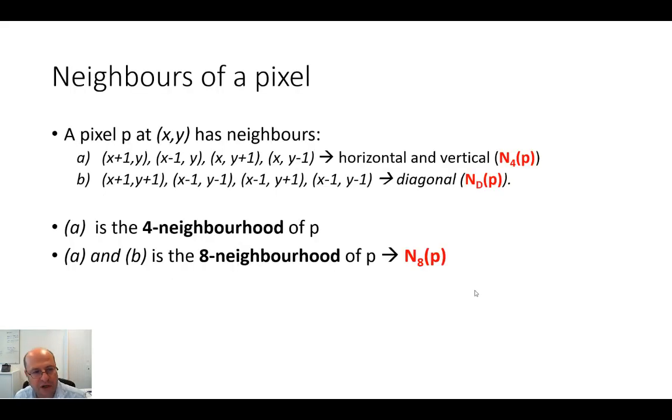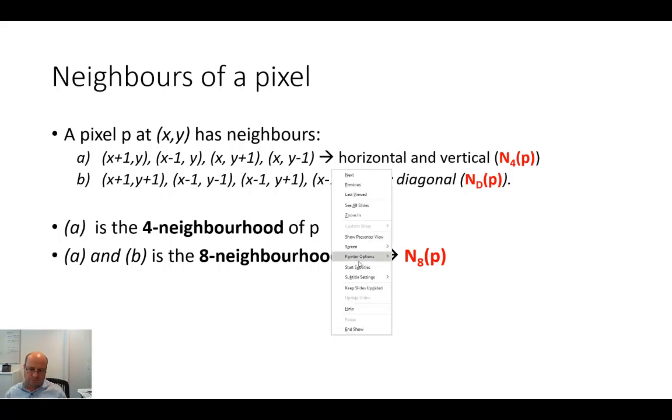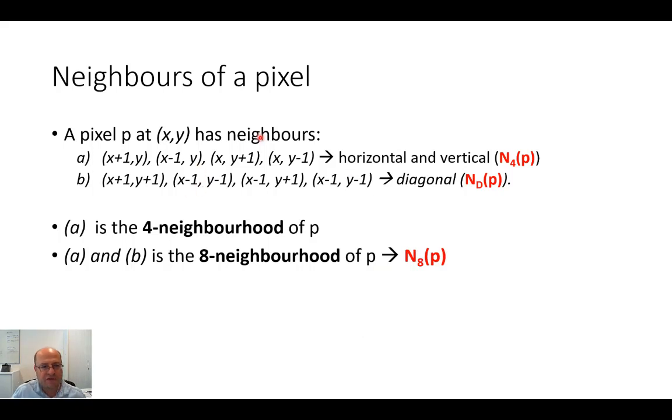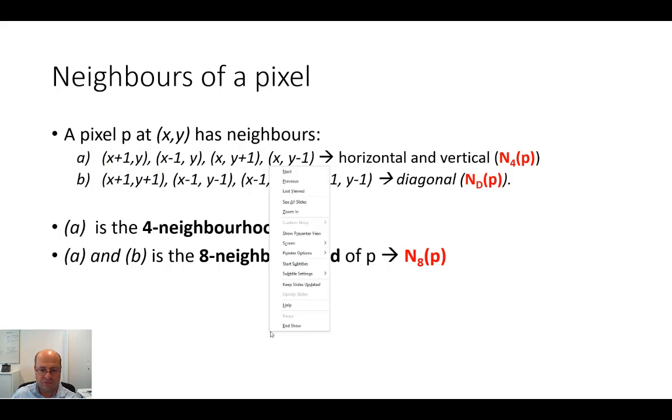We start by defining the neighbors of a pixel. There are various ways of defining them. So let's see, assume that we have a pixel P at location (x, y), and it has neighbors. Basically, this notation is saying the following.